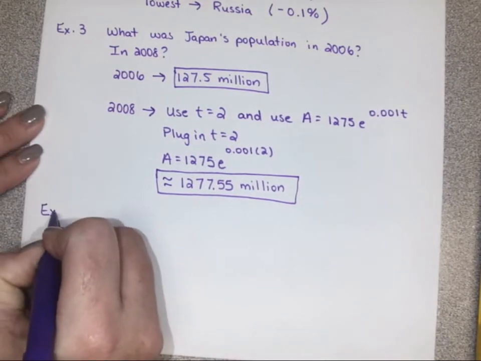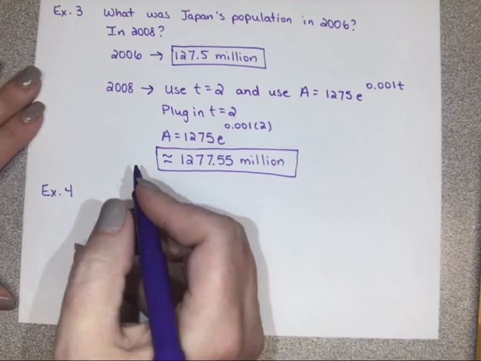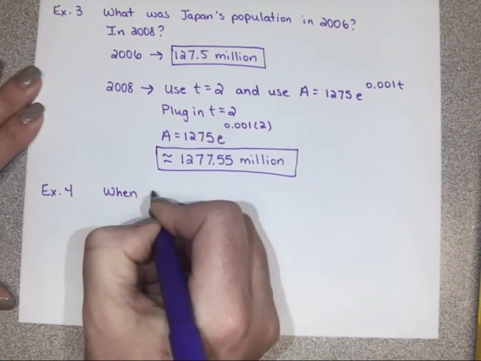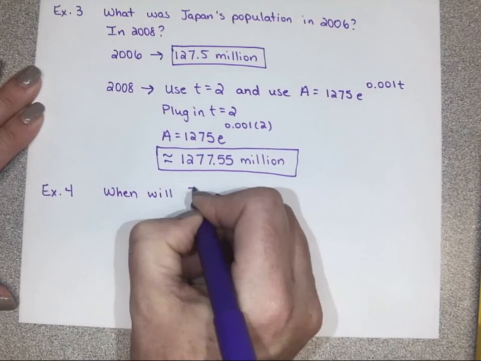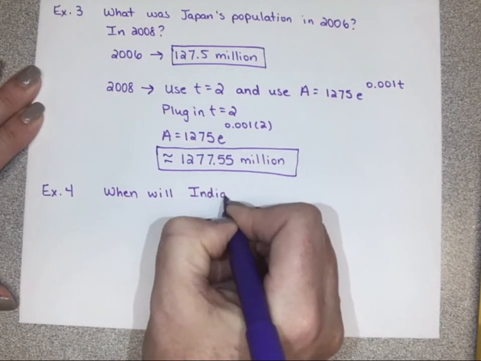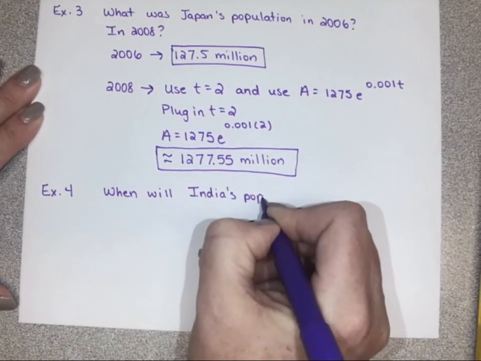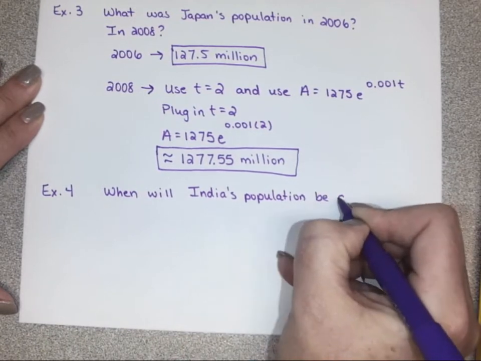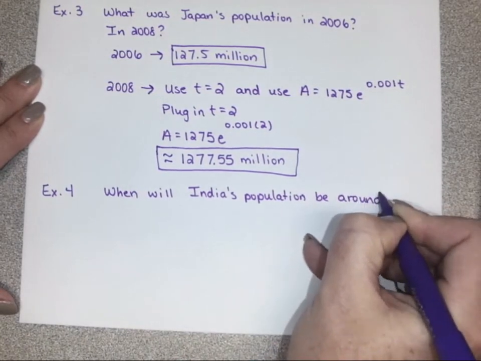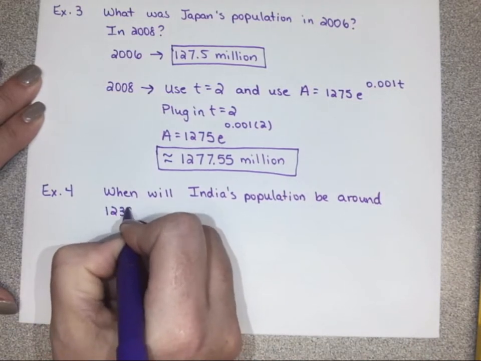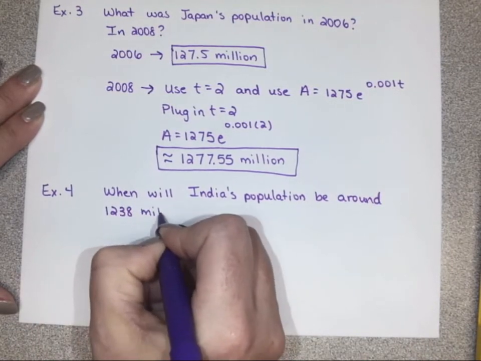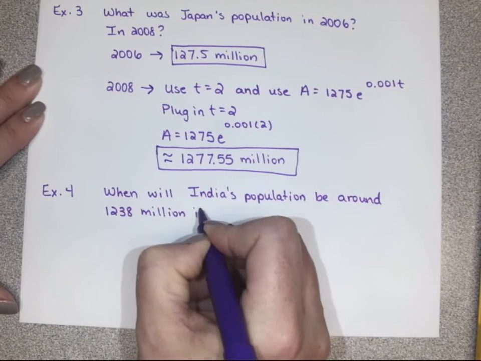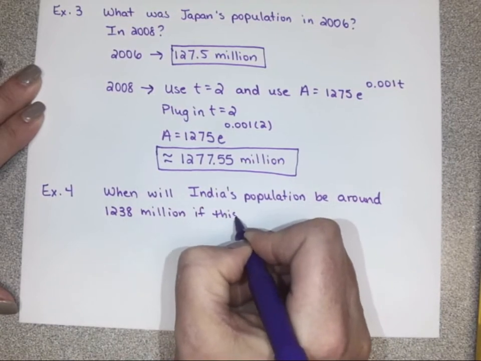All right, so what about this question? When will India's population be around 1,238 million if this growth trend continues?